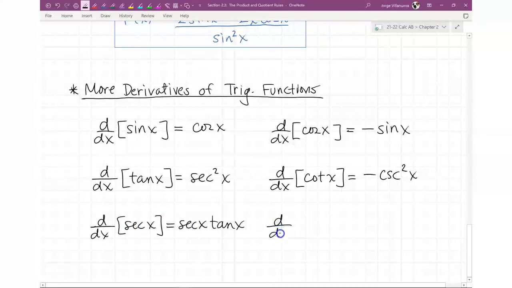And d dx of cosecant of x is negative cosecant of x cotangent of x.